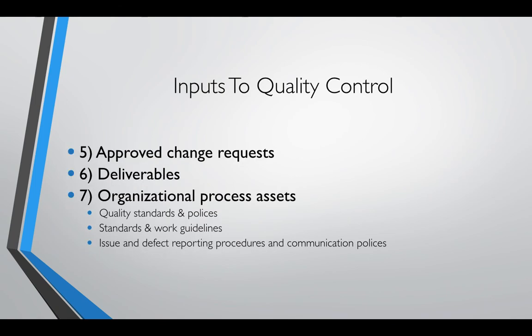Continuing with the inputs to quality control: approved change requests, deliverables, organizational process assets, quality standards and policies, standards and work guidelines, issue and defect reporting procedures, and communication policies.